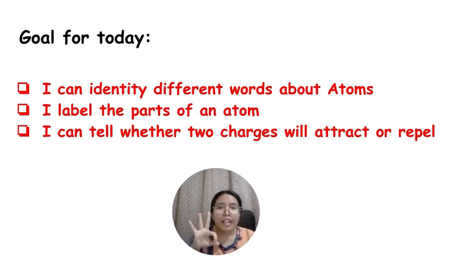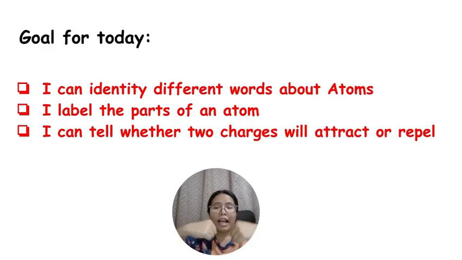Okay, and number 3, I can tell whether two charges will attract or repel. So, alam nyo ba kung yung dalawang charge mag-a-attract or magre-repel? Let's try. Positive, positive. Attract or repel? Repel. Kasi pareho sila ng charge. How about positive, negative?